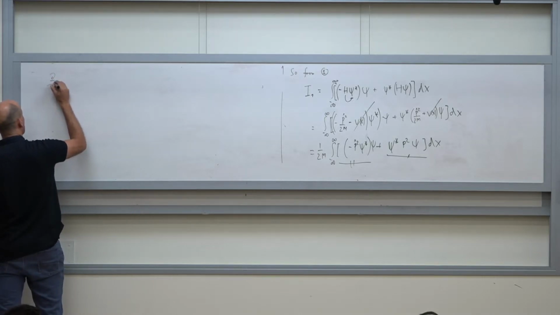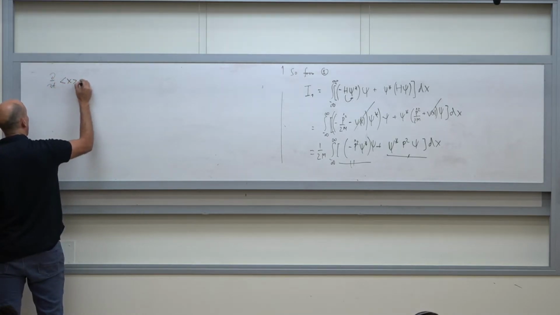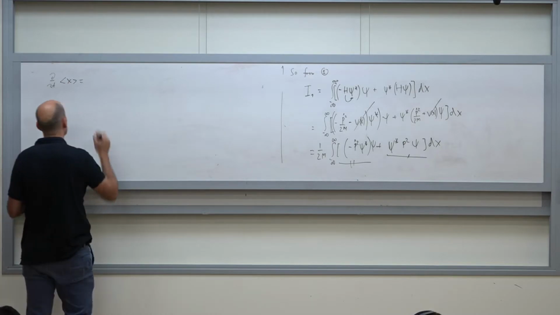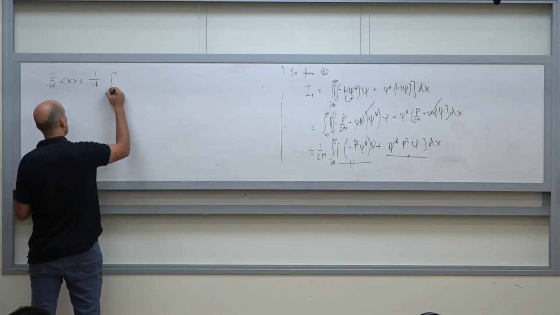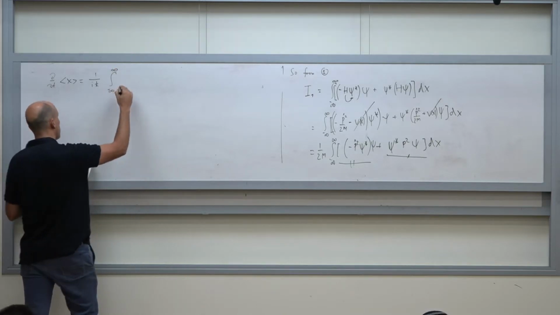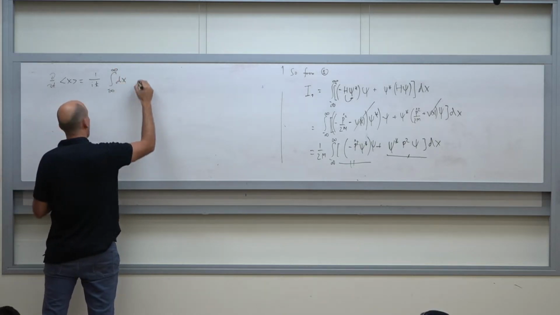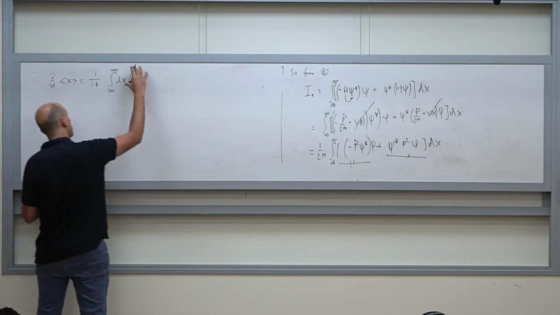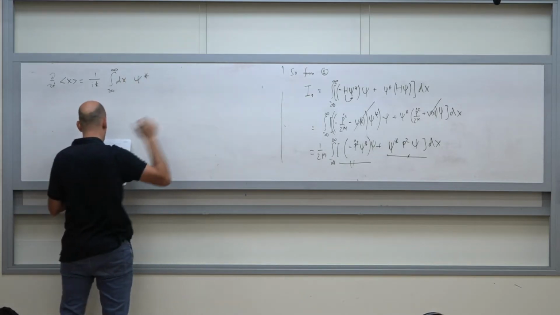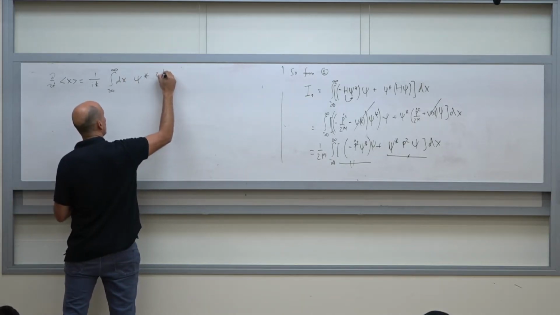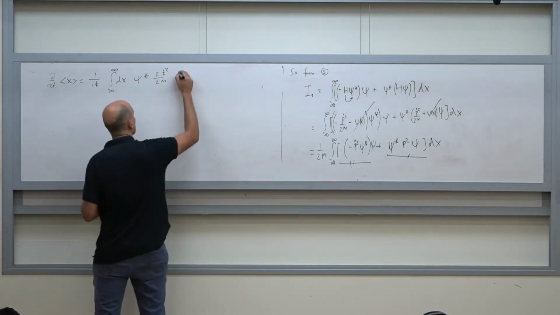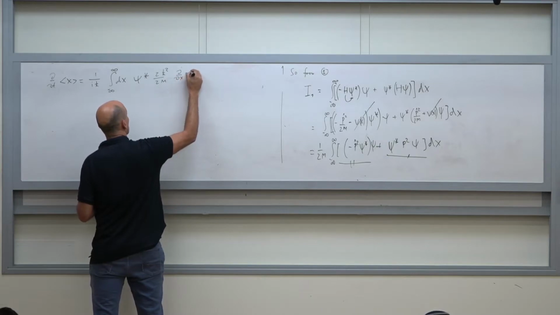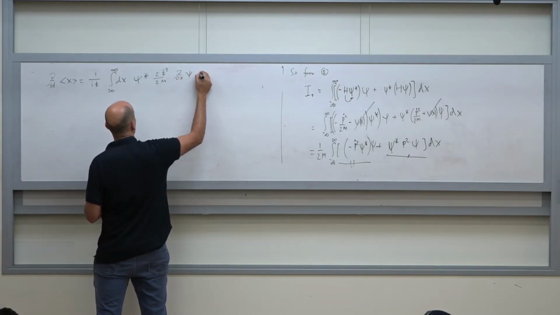I get the time derivative of the average of x is equal to 1 over iħ, the integral from minus infinity to infinity, this is because of the average, dx. ψ star, because I moved the derivative from ψ to the right. Then I have 2ħ over 2m d over dx ψ. That's it.